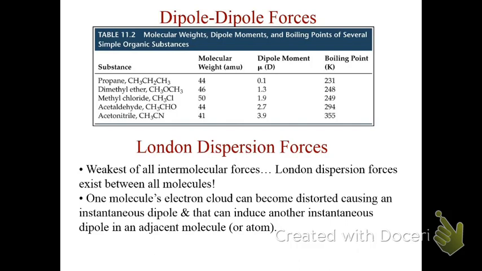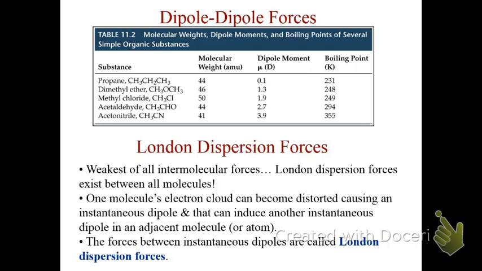Because there's no set pattern that they must follow, there are some times where we'll have electrons that end up on one side of the molecule for just a few moments, and in that time they create a slight negative and a slight positive charge. Now, this is of course constantly changing because the electron's movement is constant and random.